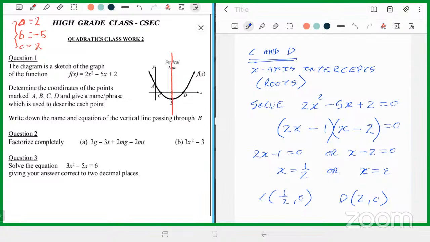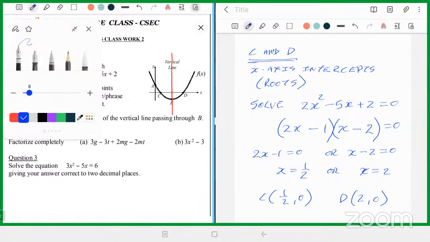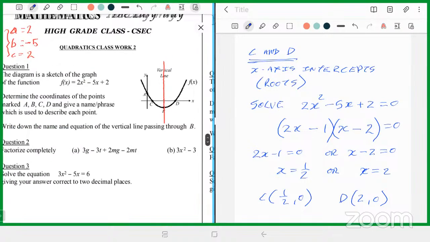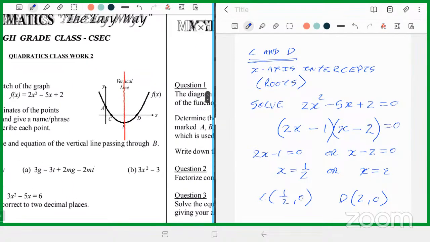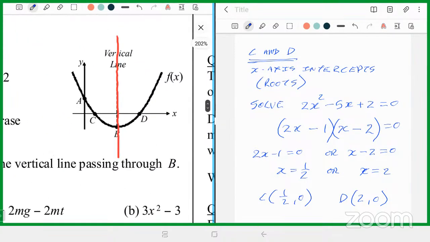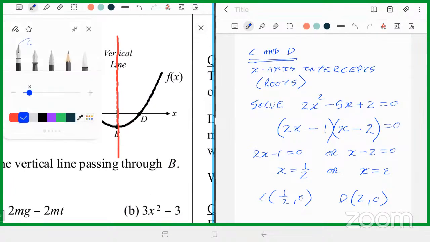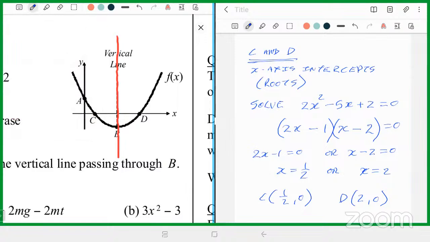And so, for example, what you'll find is that the distance, let me zoom it up and show you. Oh, you can't zoom. All right, let me unlock that. What you'll find is that the distance from that line, and this is something important for you to know, it becomes relevant in some questions, the distance from the axis to this root is the same distance from the axis to this root.